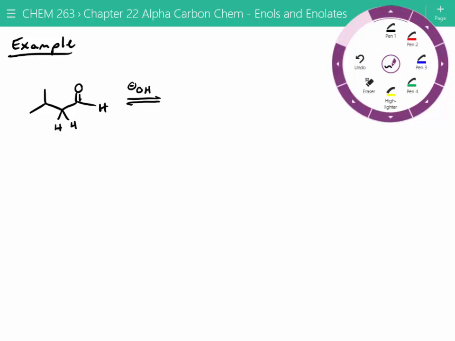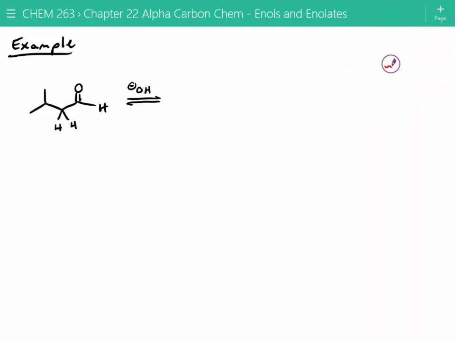So instead we want to go to the alpha position. And we'll put electrons on the alpha carbon. So I'm just drawing the enolate with a negative charge on the carbon because we know that's the enolate that's doing the dirty work here.